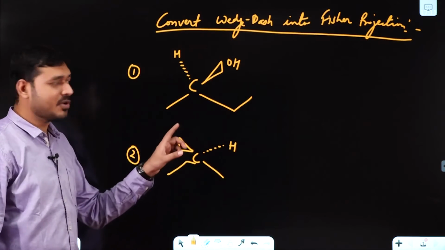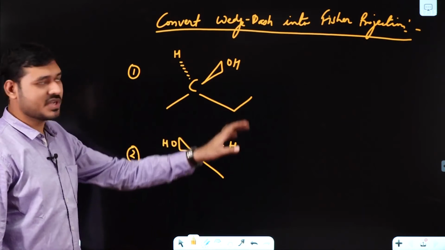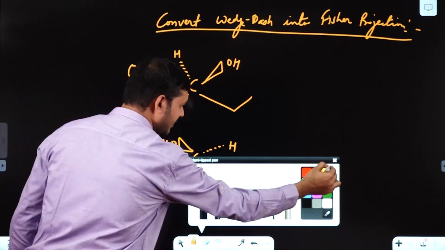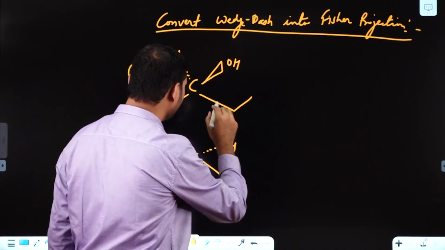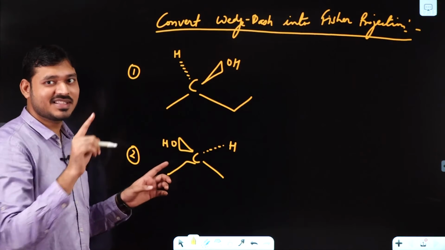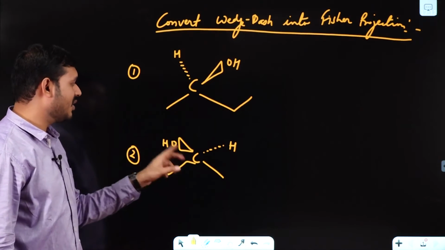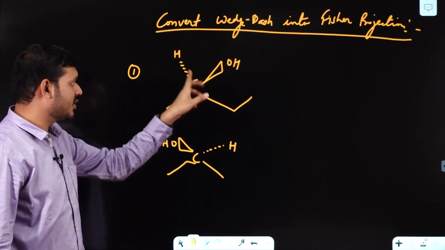So you have to convert these two into Fischer form. Do it first yourself. Okay, let's see. If you remember, I am using the same compound again. It is 1, 2, 3, 4. It is 2-butanol. It is also 1, 2, 3, 4, 2-butanol.